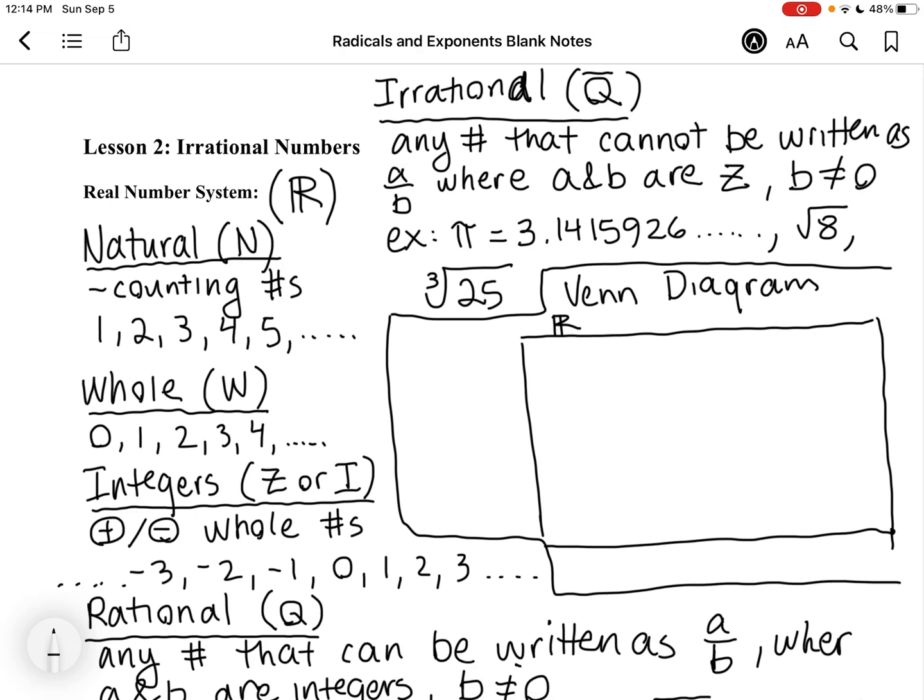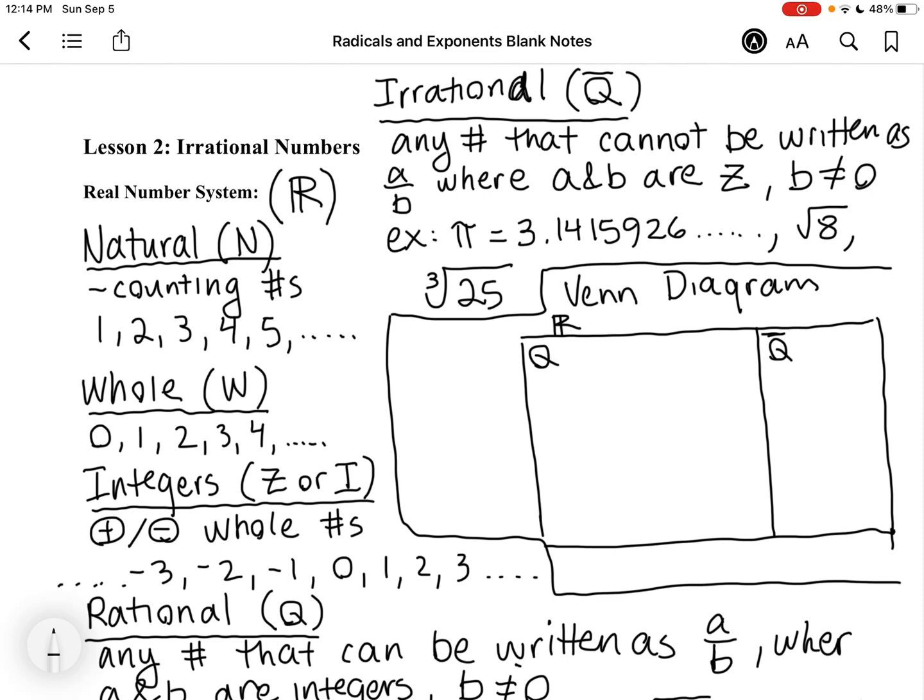Now the real numbers are divided into two categories. A real number can either be rational or irrational. So I'm going to make a line to divide my Venn diagram in two. One of those is Q, and one of those is Q naught.